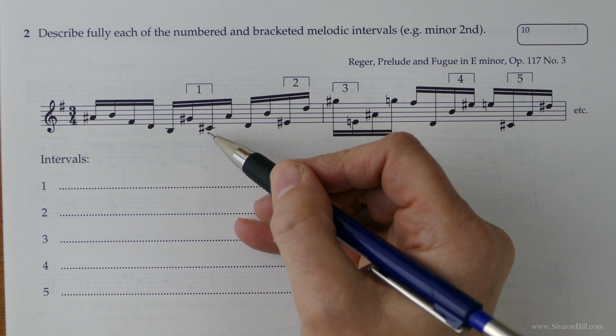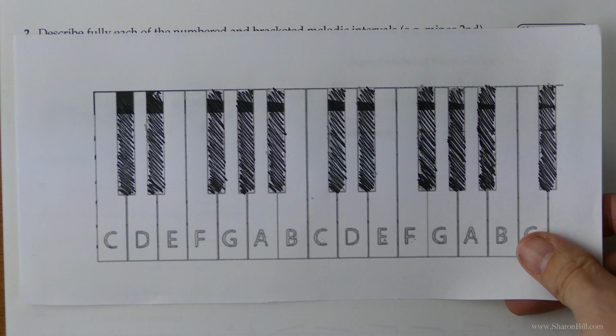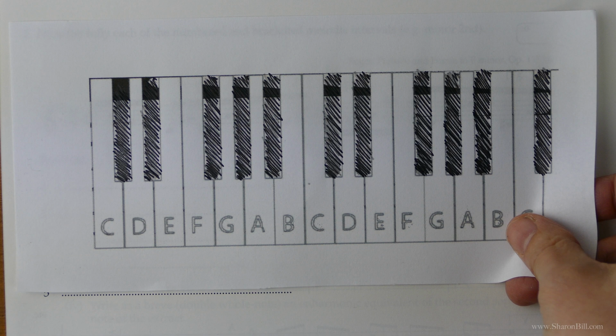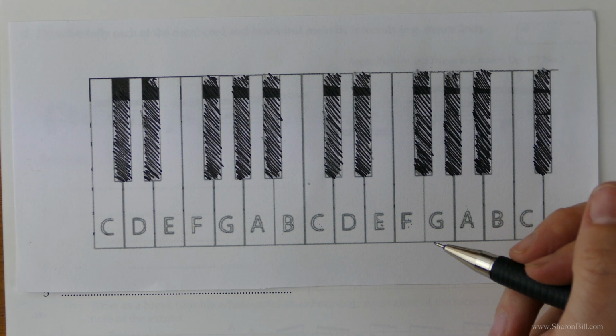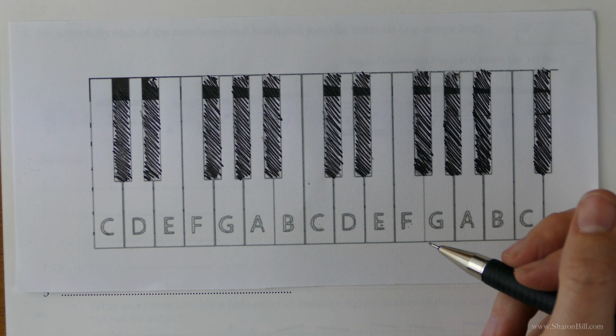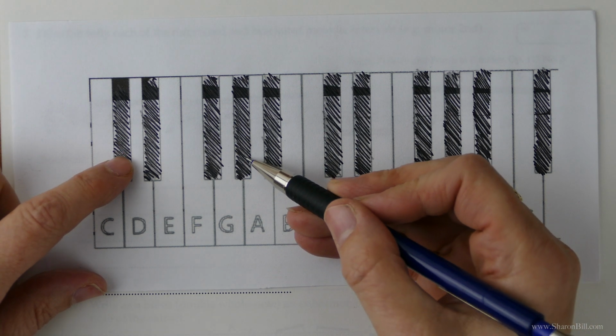Now it might seem tricky to you working from C sharp. We can see that and visualise them much more easily if you use a piano keyboard. You can sketch one out quickly. It doesn't matter if you don't play piano, it's always useful to have this as a reference. So here we have C sharp to G sharp.